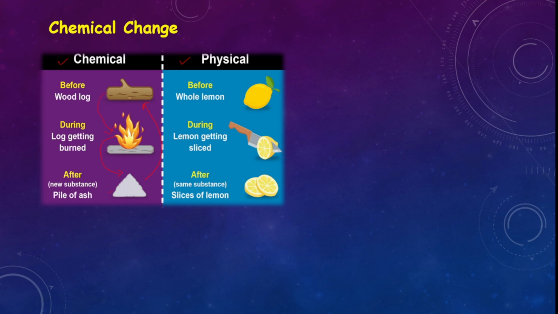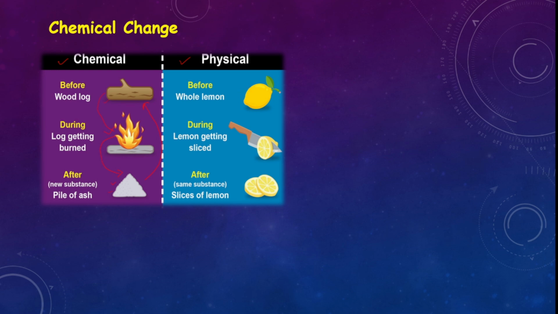So when we burn wood or paper, it forms an entirely new substance called ash, with new chemical properties, new characteristics, and most importantly we cannot take it back. Wood will not be formed from it. The property of wood and the property of ash are entirely different, and both of them are different products also. And such a change, which is permanent and where a new product with new properties is formed, is called a chemical change.